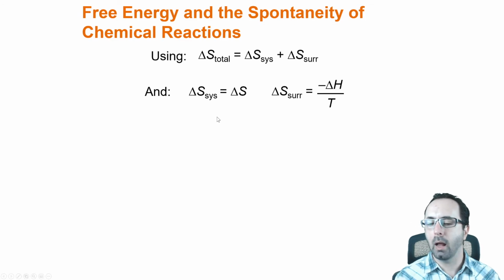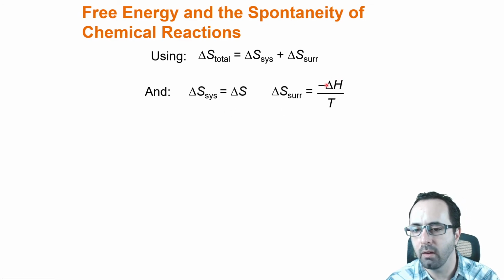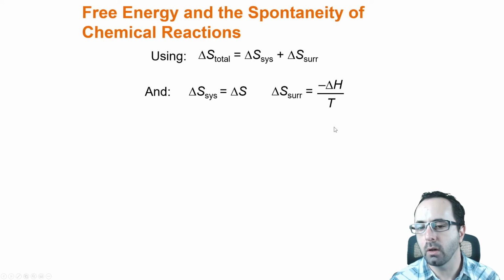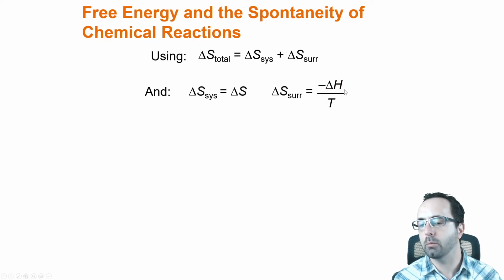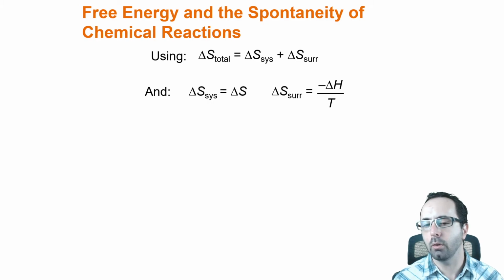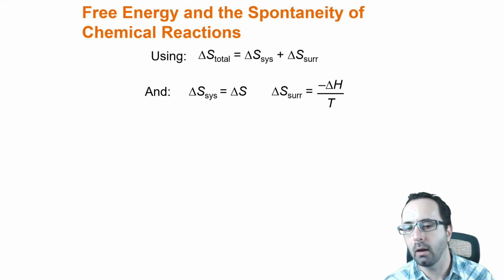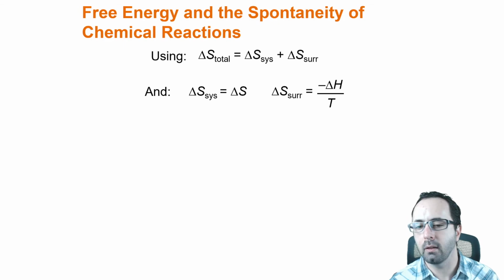Delta S of the surroundings, as we just discussed, is opposite in sign to the delta H and inversely proportional to the temperature. So again, if you're at a low temperature, putting in a little bit of heat is going to raise the temperature significantly and lead to a great increase in the entropy of the surroundings here.